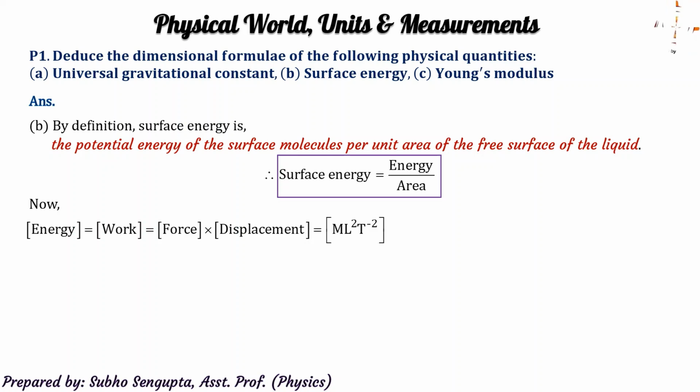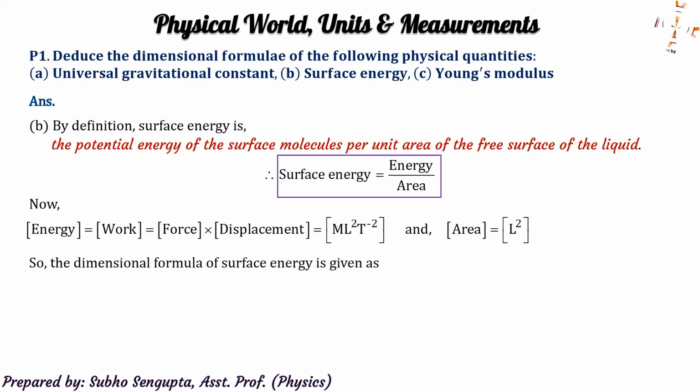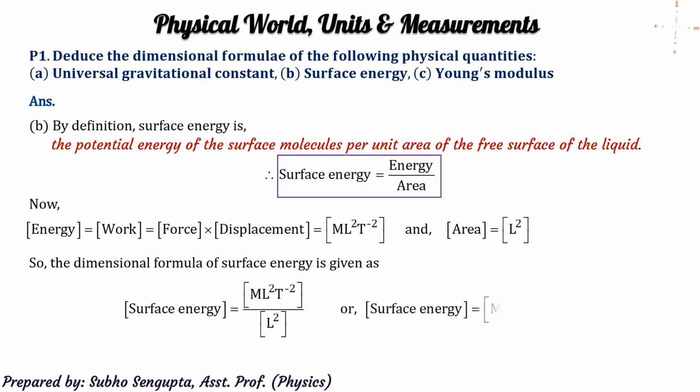So, the dimensional formula of energy is [M L^2 T^-2]. Now, the dimensional formula of area is [L^2]. So, the dimensional formula of surface energy can be obtained by substituting the dimensional formula of energy and area in the expression of surface energy and simplifying. Hence, the dimensional formula of surface energy is [M T^-2].